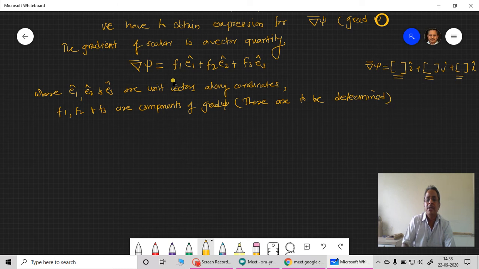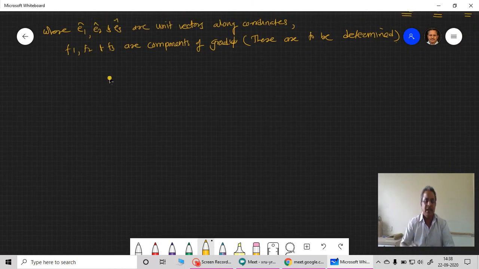We have to get all these components as follows. Now let's see how to go for this further derivation.